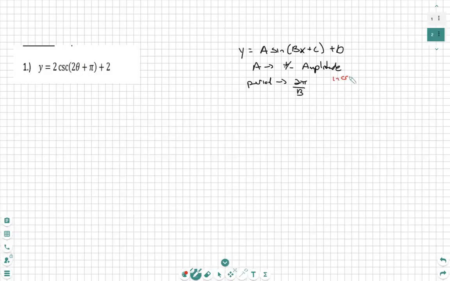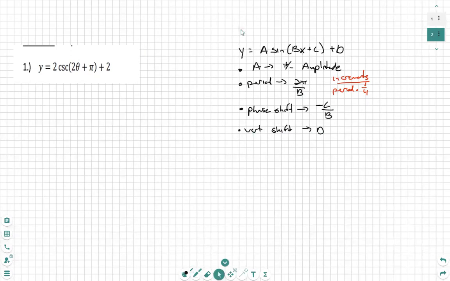We will then find our increments, which is just the period times 1/4. Next, we have period, amplitude, then phase shift. You remember what phase shift is: negative c over b. And then vertical shift, which will just be whatever d is, keeping the sign.